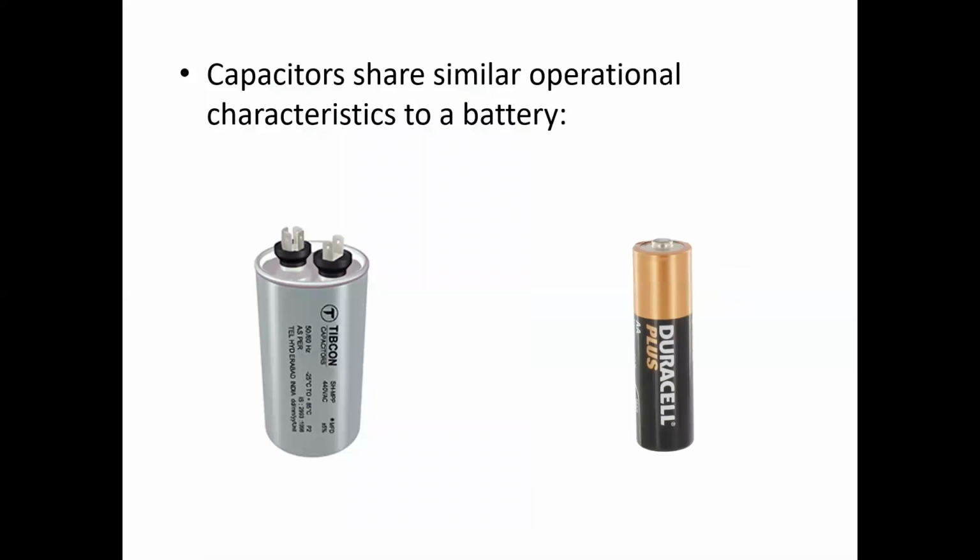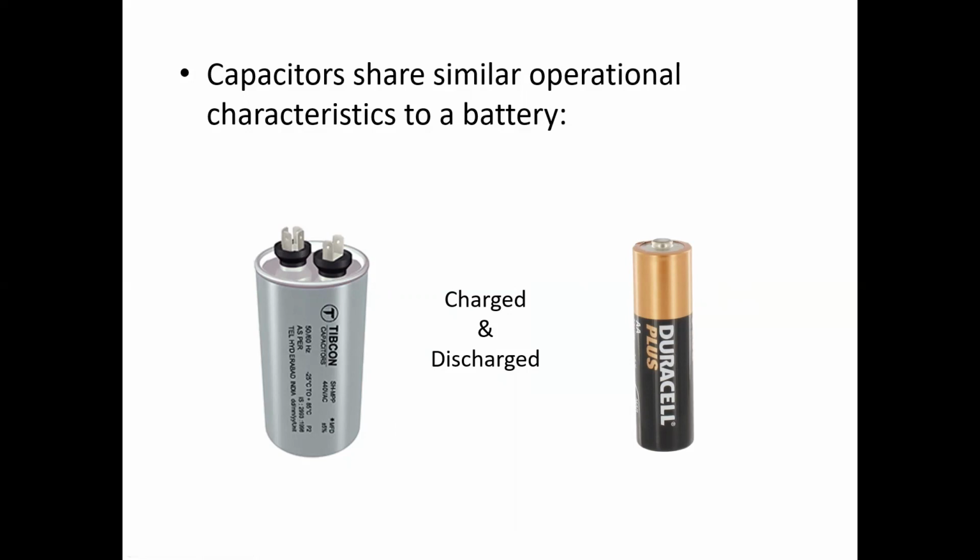Capacitors share similar operational characteristics to a battery. They can both be charged and discharged. The main difference is the length of time and the amount of charge that they both can store. Batteries will store charge in the form of electrochemical bonds, so in that scenario it's more a chemical reaction, whereas a capacitor will store charge as an electrostatic field.